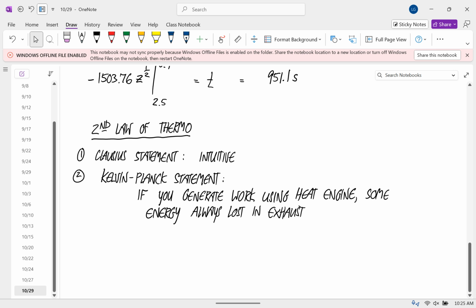And then the third one that we're working up to is the entropy statement.